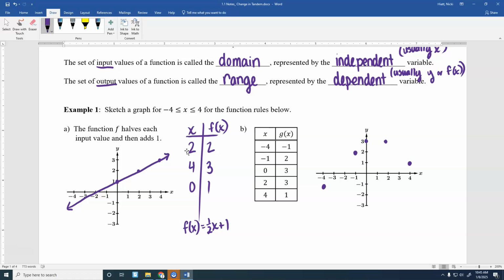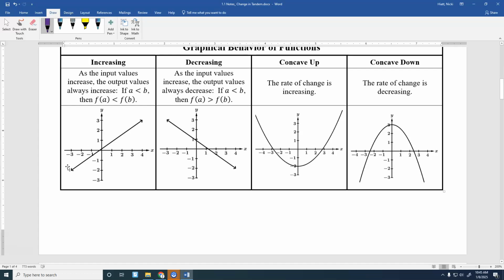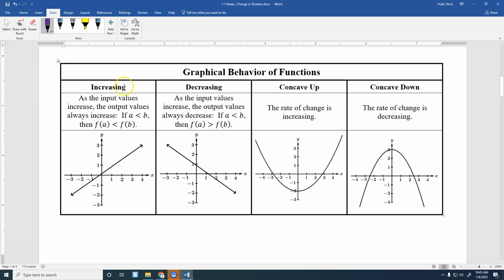Okay, so this should all be things that you've done before and are fairly familiar with. This next part, I know that in Math 3 you talk about increasing or decreasing. Did we do concave up and concave down in Math 3? I'm thinking no, but I also only teach regular Math 3, so sometimes there's things I probably should have done that I did not because we were struggling on the easier stuff.